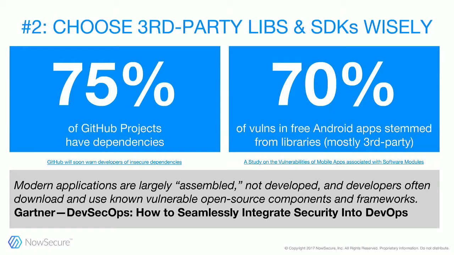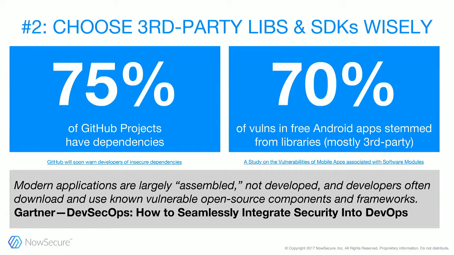GitHub has some pretty nice tools out there to look at dependency tracking, and 75% of projects out there have dependencies. So basically nobody's writing applications that aren't relying heavily on these third-party libraries and SDKs.